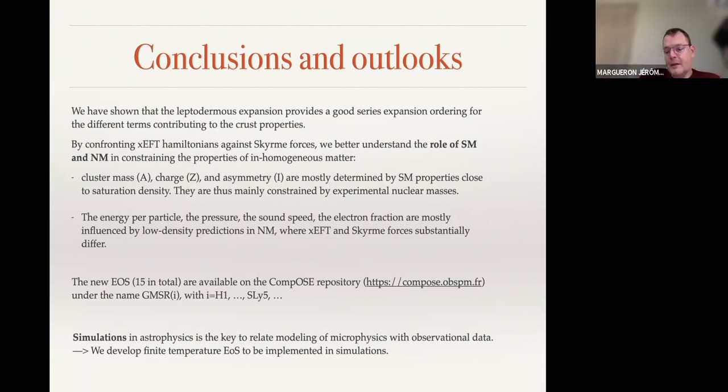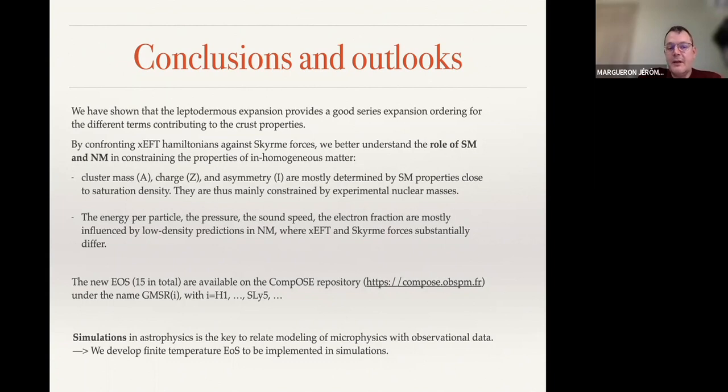Okay, yeah, so the breakdown of the chiral EFT and how this is impacted by the ordering in the chiral EFT approaches is indeed a very important and very new feature brought by chiral EFT.